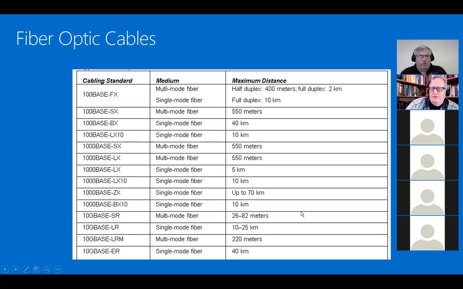Hey, Peter, are you familiar with the Lucite? When you were talking about plastic or glass, were you talking about stuff like the Lucite, which is that super clear plastic that they use as an optic transmitter? Yes. Okay. Yeah, most of your multi-mode is plastic. That's why it's cheaper.